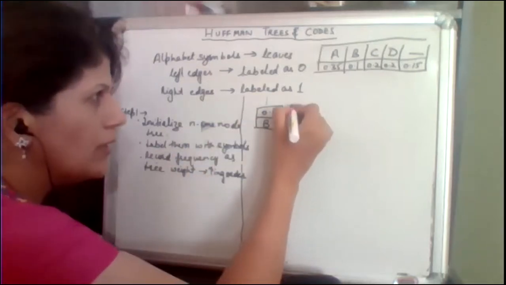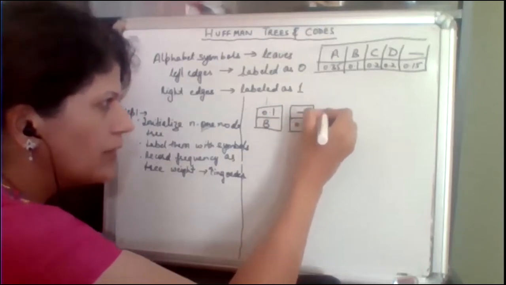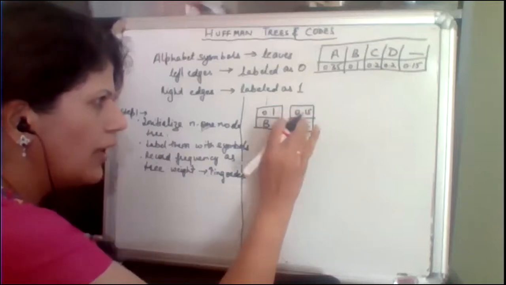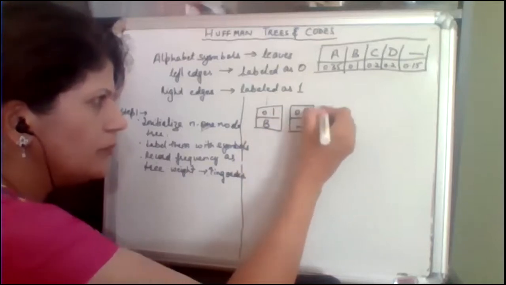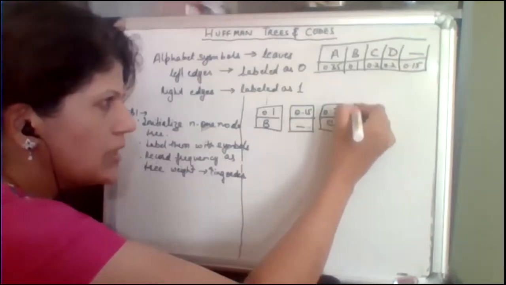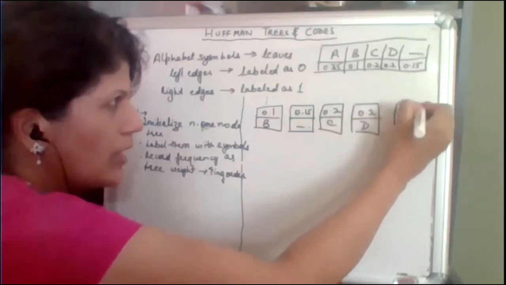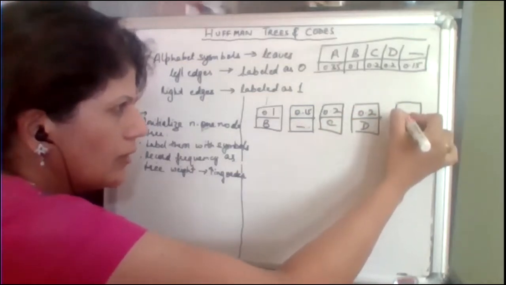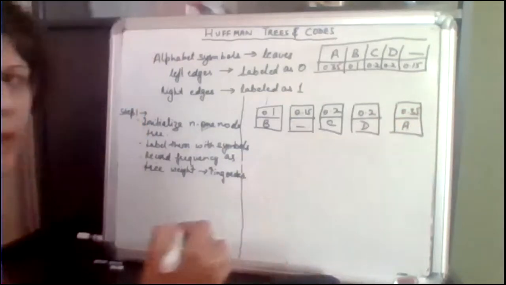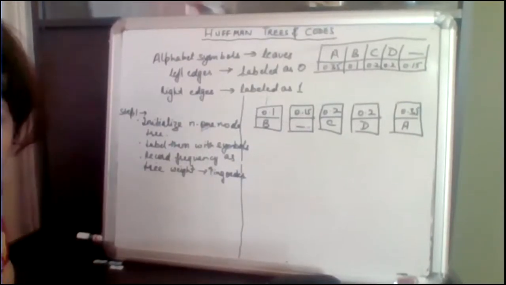The next one here is underscore, which is 0.15. Then we have 0.2 given for C, 0.2 given for D, and then the last one, A, with 0.35 frequency. I hope the first step is clear. If you have any doubts, please do let me know.